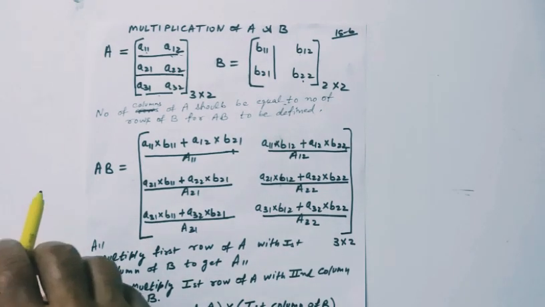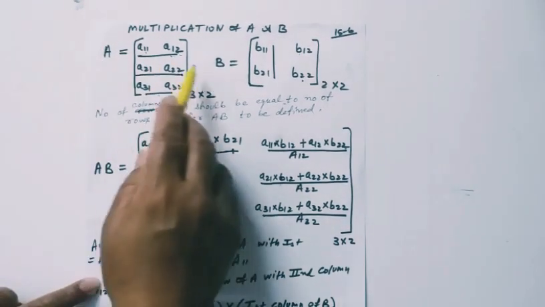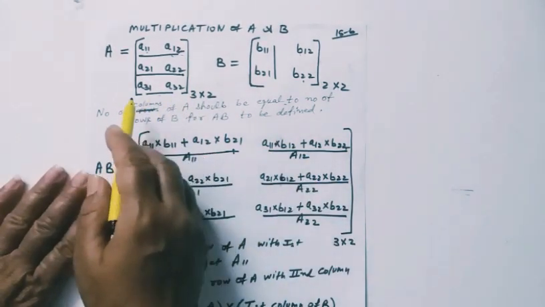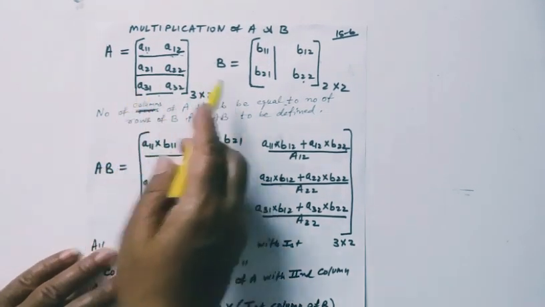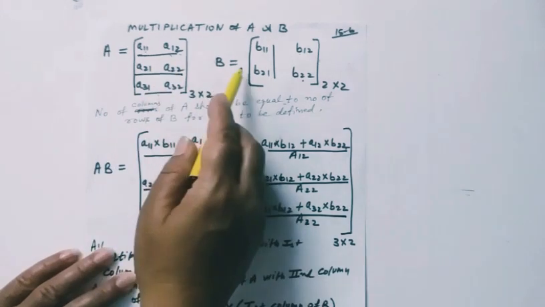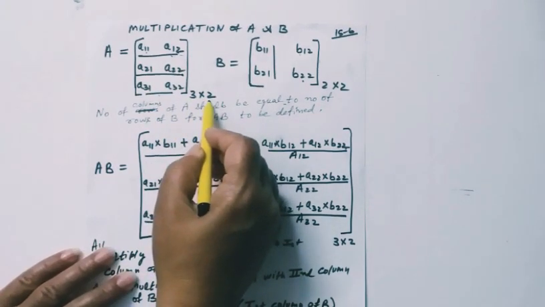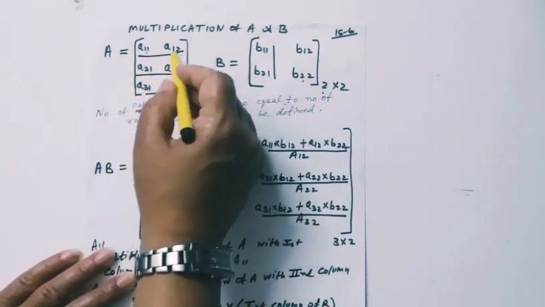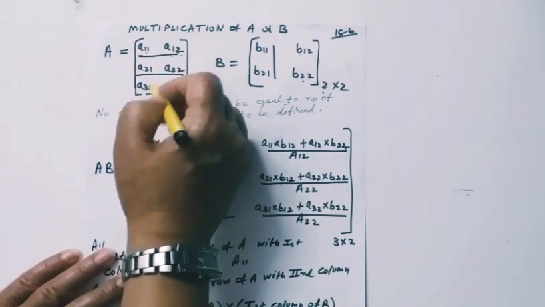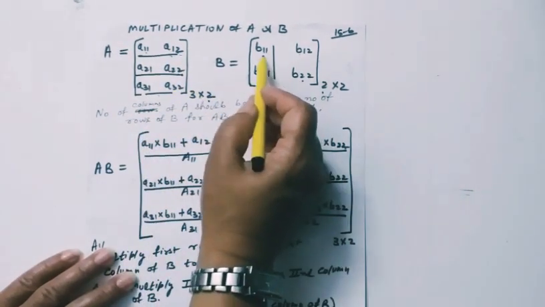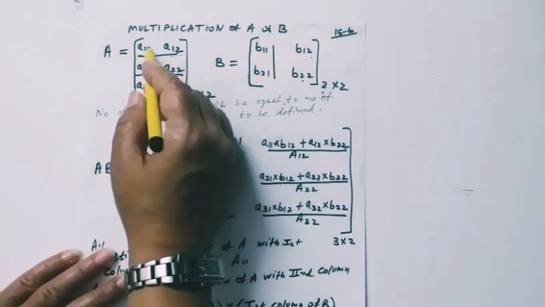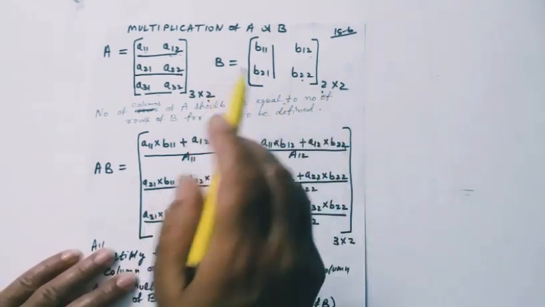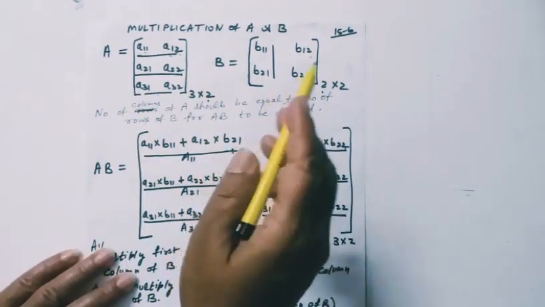Now the condition for the product of two matrices A and B to be defined is, look, you cannot just multiply any two matrices A and B. You can multiply two matrices A and B only if the number of columns of A is equal to the number of rows of B. आप काउंट कर सकते हैं, A में कितने कॉलम हैं 1 2, there are 2 columns in A, और B में कितनी रोज हैं 1 2. सो A के नंबर ऑफ कॉलम्स B के नंबर ऑफ रोज के इक्वल होने चाहिए. In that case only we can multiply the two matrices A and B.